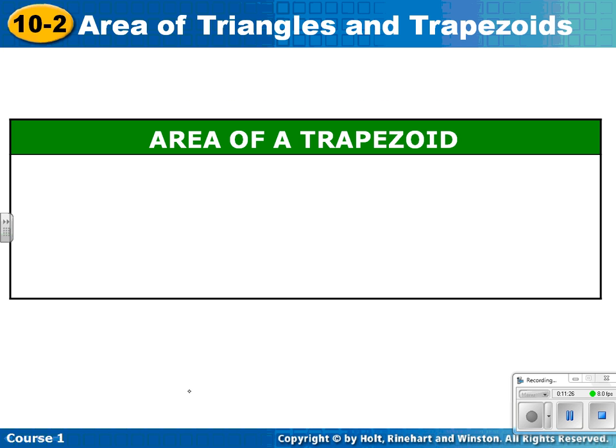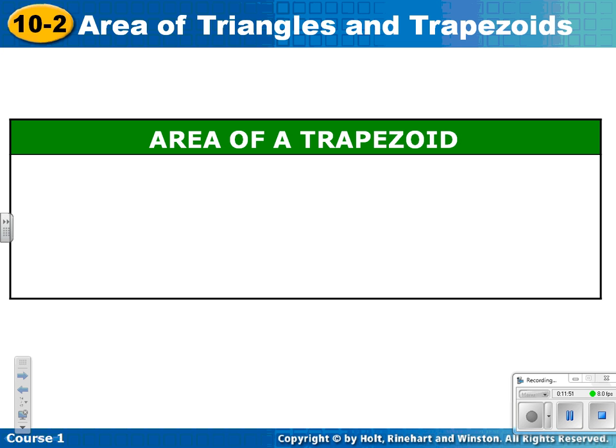All right, that's enough. To find the area of a trapezoid. What is a trapezoid, by the way? We talked about it yesterday. What is a trapezoid? Jonathan. It's 4 sides. It's a quadrilateral. It is not a parallelogram.